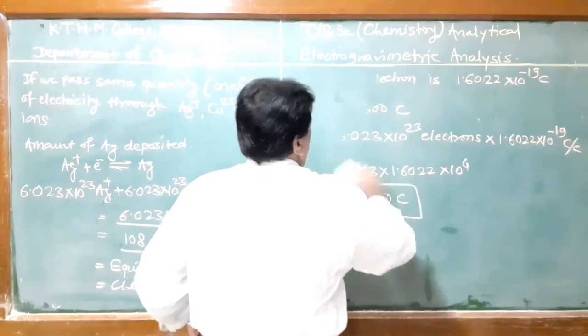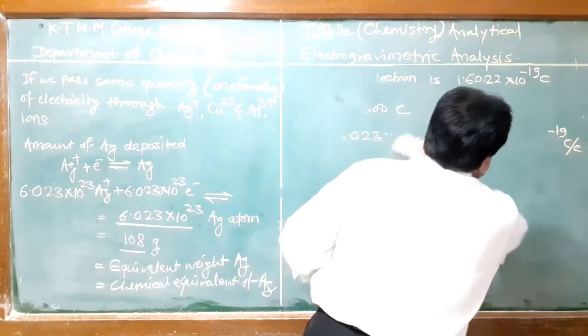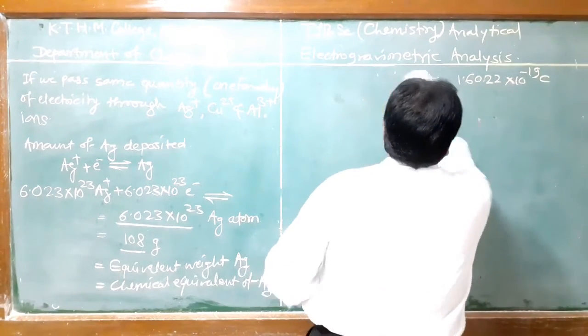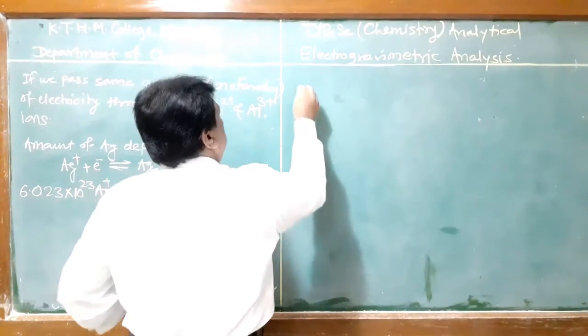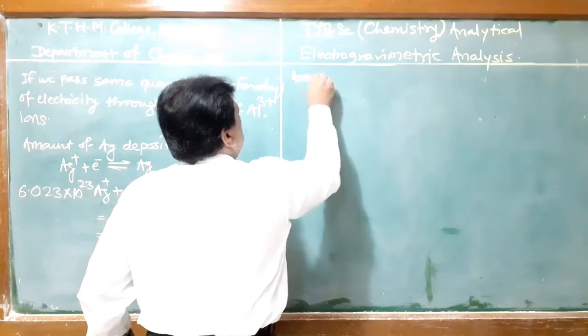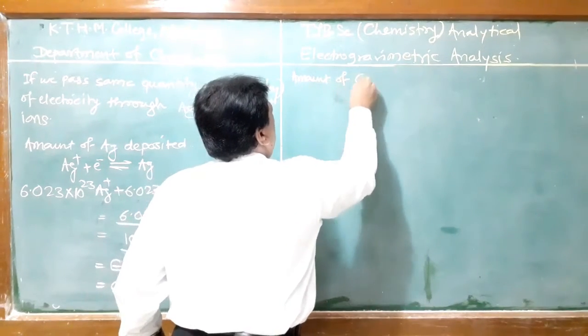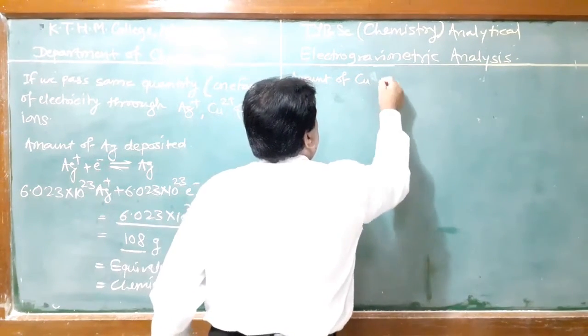Therefore, when we pass the same quantity, that is 1 Faraday of electricity, through a copper 2 plus solution, consider the amount of copper deposited.